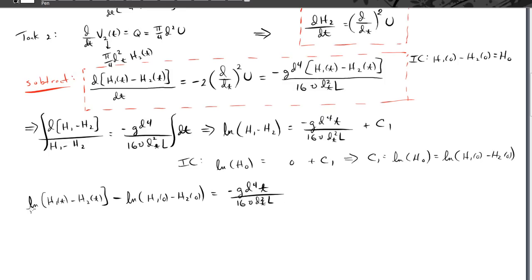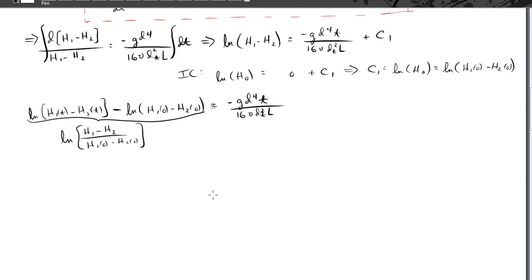Now, the difference between two logs is simply the log of the ratio of those two terms. The left-hand side is the logarithm of h1 minus h2 over h1 of 0 minus h2 of 0. And so then we can take the exponential of each side of this equation and get our final result.